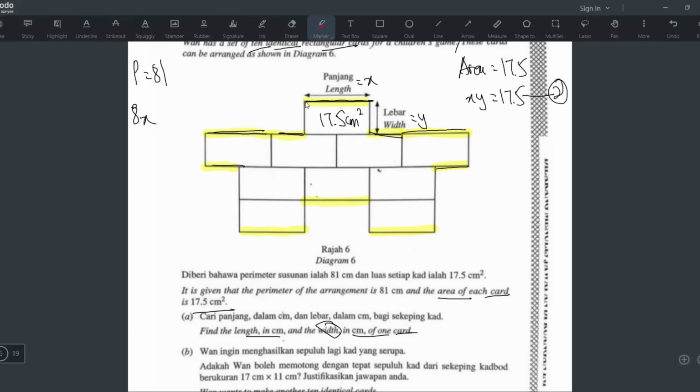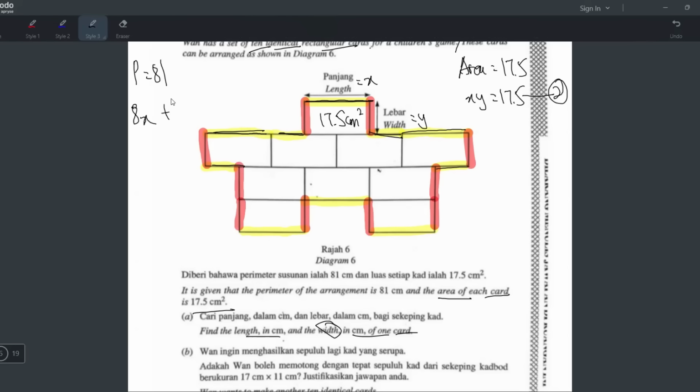Okay, so 1y, 2y, 3y, 4y, 5y, 6y, 7y, and then 8y, 9y, 10y. So plus 10y equals 81. I think I covered all the outside lengths already, right? Everything is highlighted, all the external sides. That means done. So that's your equation 1.